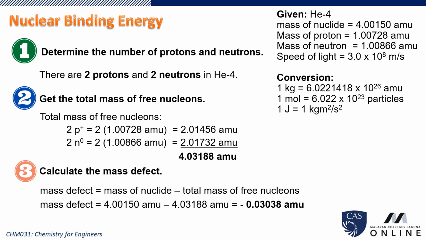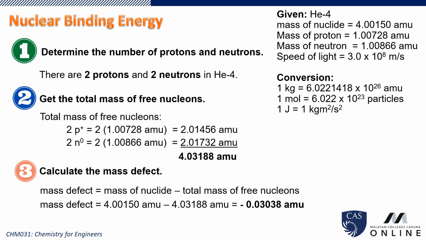AMU in this case stands for atomic mass units. For the mass of the neutrons, that would be 2 multiplied by 1.00866 AMU. And we're going to add the two. Combining them gets us a total of 4.03188 AMU.